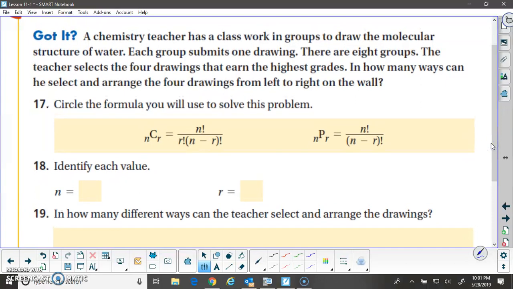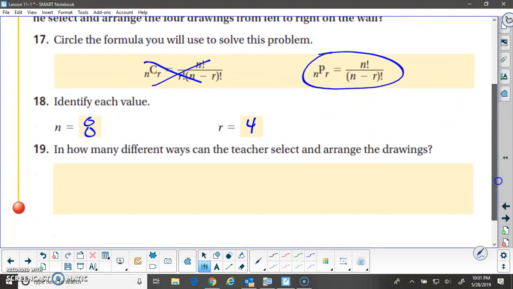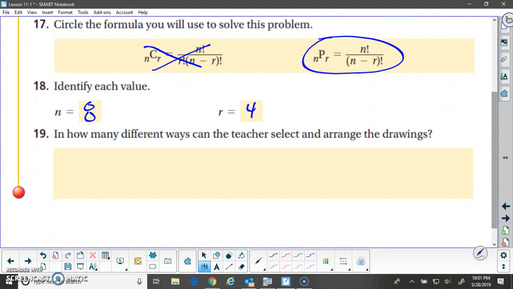Well, since we're ordering them, order is important. This is going to be a permutation, not a combination. So it looks like we've got 8 groups, and we're going to select 4 of those groups. So there's your n and your r. So how many different ways can the teacher select and arrange the drawings? This is going to be 8 nPr 4, which should give us 1680.